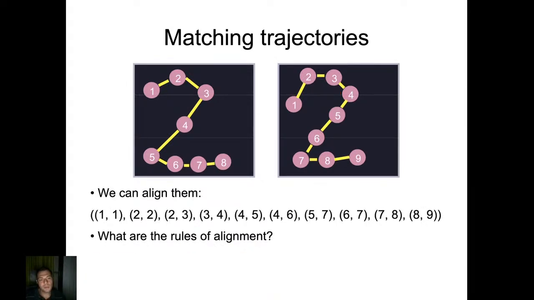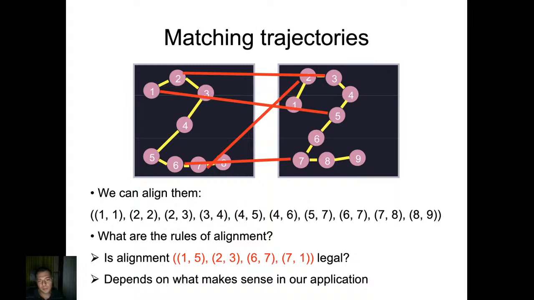Now to go a bit into the details. What are the rules of the alignment? For example, is this alignment legal? Well, in our case, since we are working with temporal trajectories, we assume that the first frame should always be before the second, and so on.